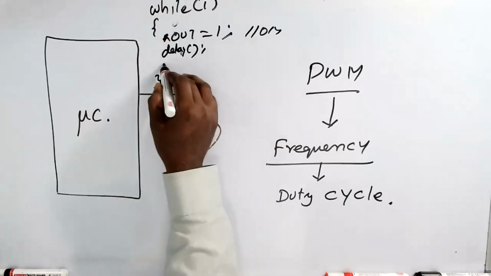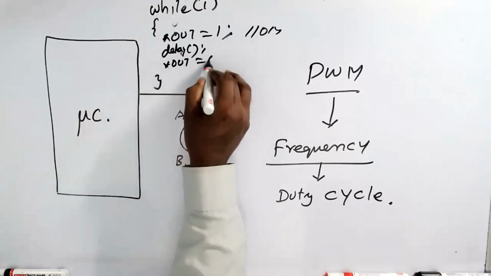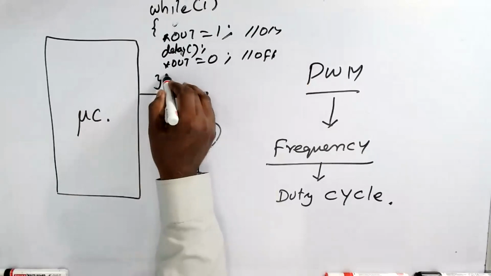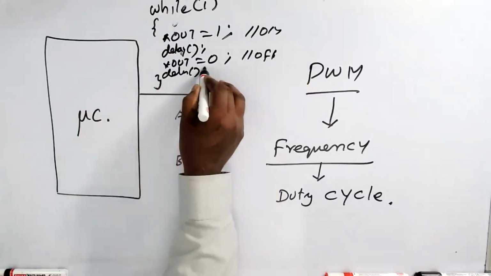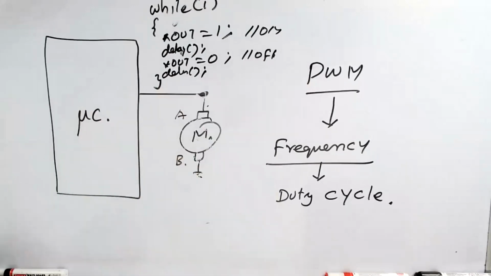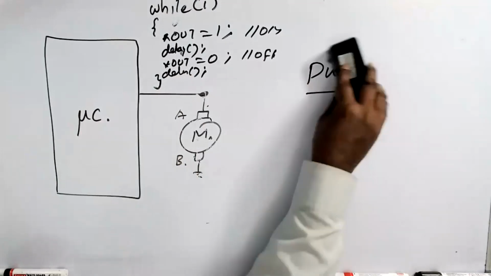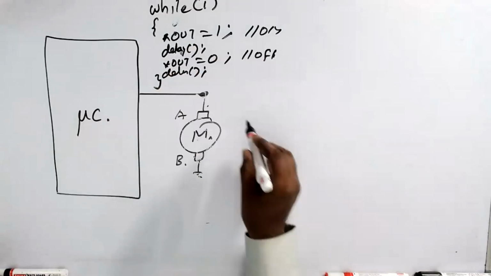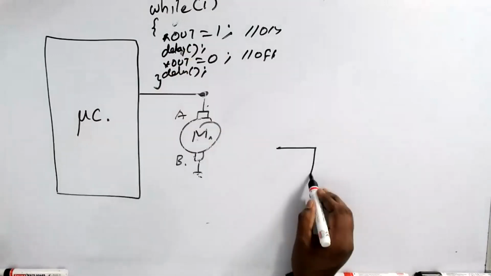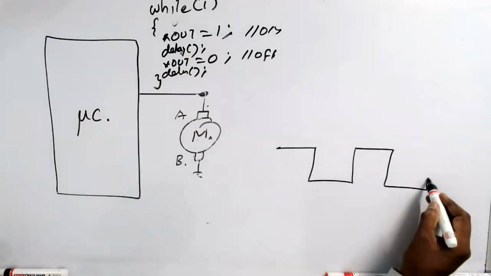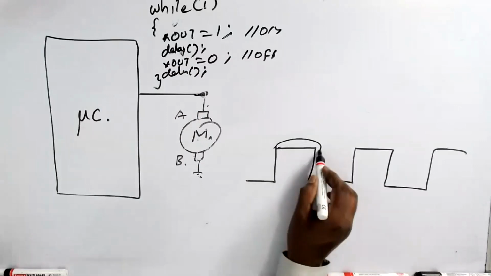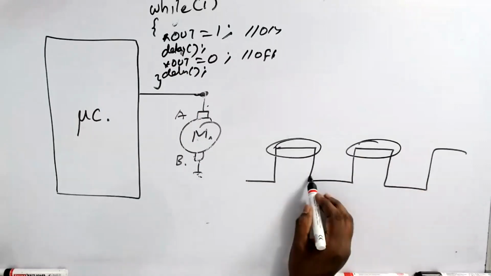Then star out equal to 0, off. Then delay. The trick is that by having the delay and the on, you are indirectly creating a pulse, a clock, with this on time and off time.